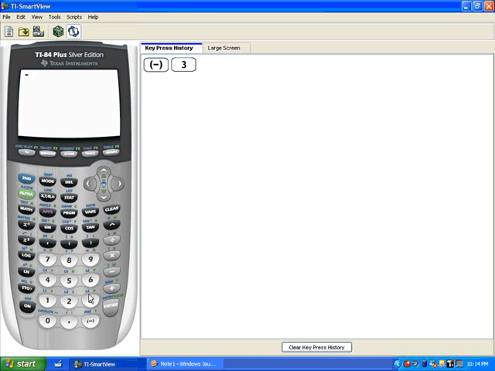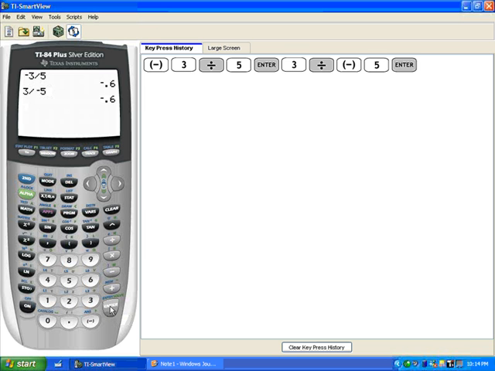First of all, putting it on top, we get a negative 0.6. Put it on the bottom, and we once again get negative 0.6. And for the last one, we'll simply put it on the outside as to apply it to the entire fraction, and once again negative 0.6.